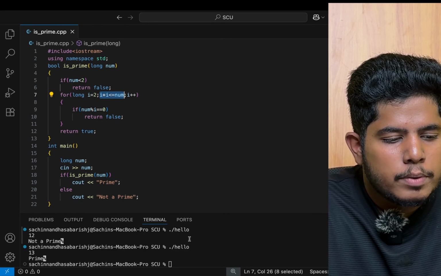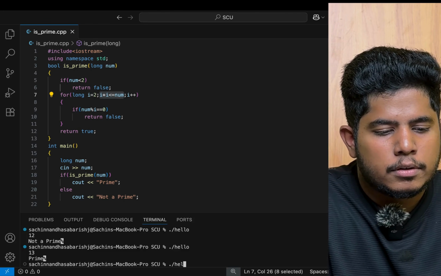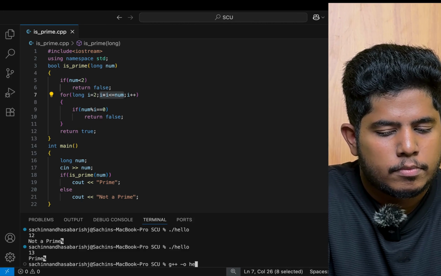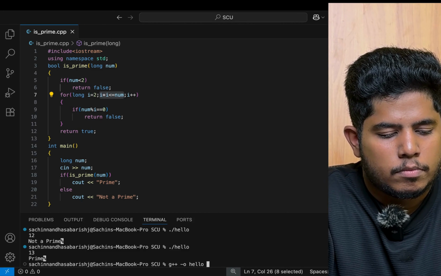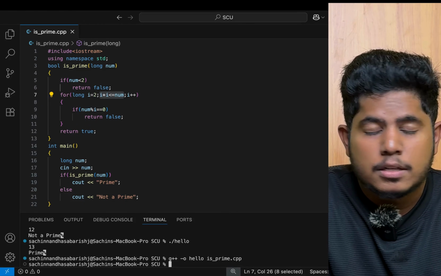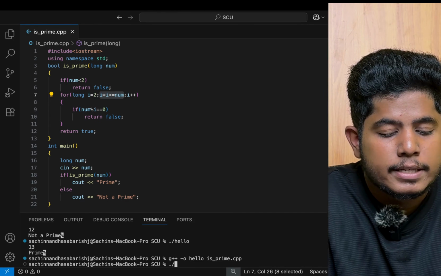So now after this, we will go ahead with compiling this. So there is no syntactical error. Compilation works absolutely fine. Now we'll execute it.